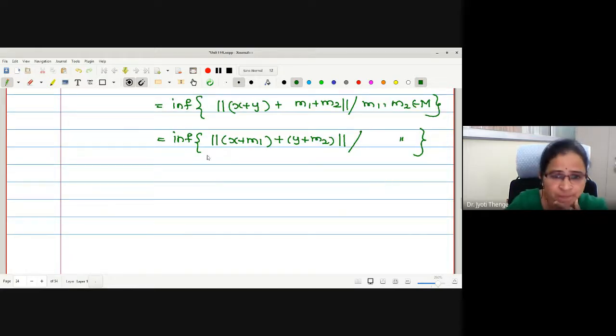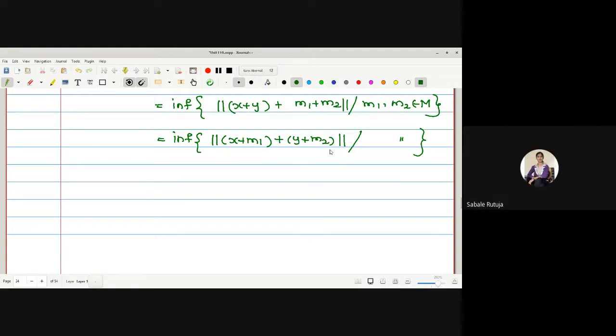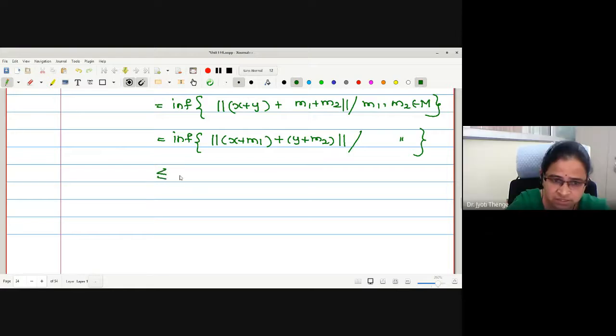Now I have to separate these two. How can I separate? Knowing this norm is a norm on X, can we use the triangle inequality? Therefore, can I write this is less than or equal to the infimum of norm 1 of x plus m1, added with norm 1 of y plus m2, provided with the same condition?